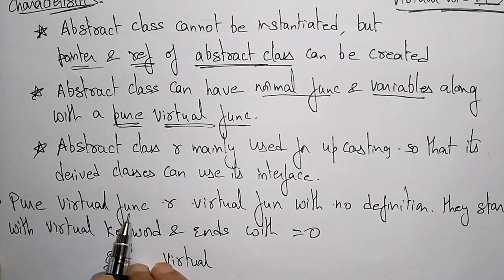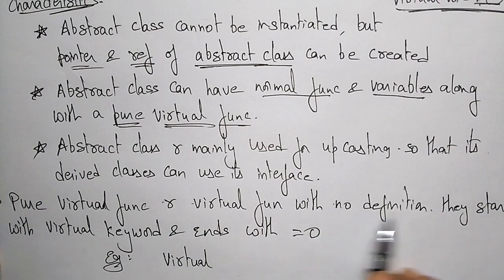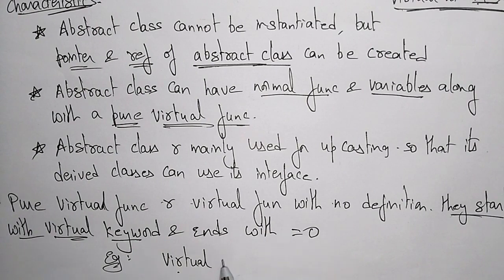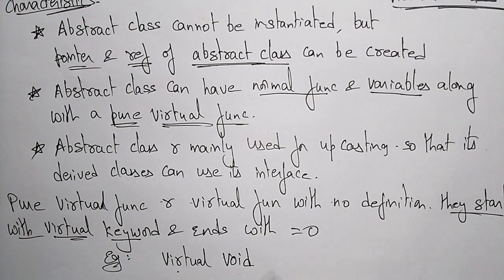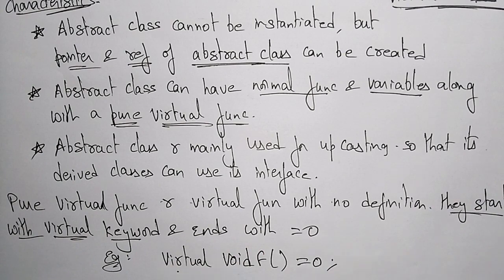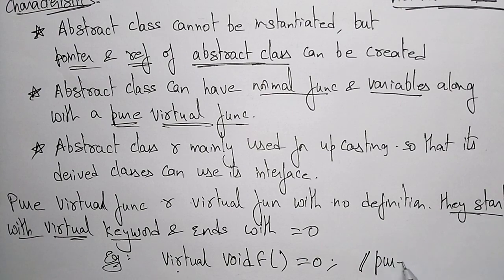Virtual void f is a function, so is equal to 0. So this is a pure virtual function. This you call a pure virtual function.